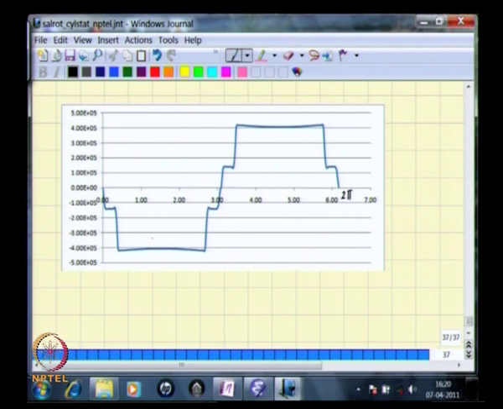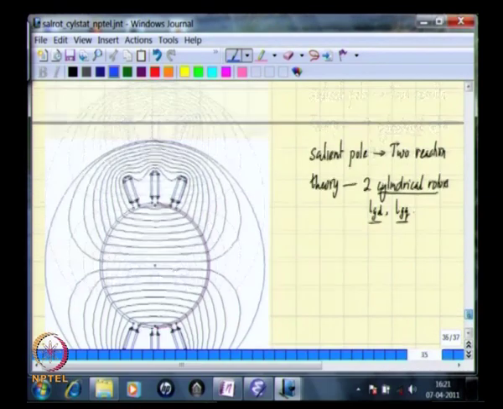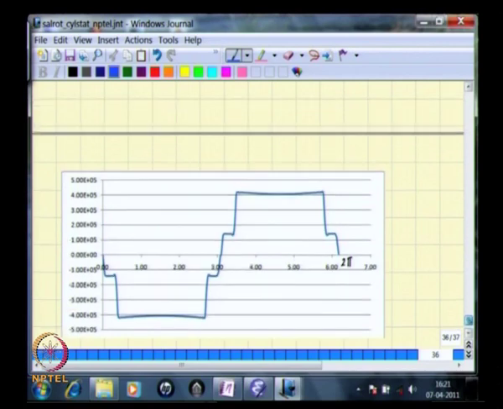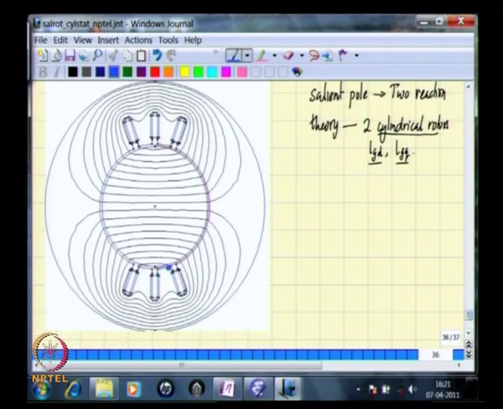Now you see that the H field variation has a step here and then is more or less constant over this region, and then it displays 3 steps to reach this point, again constant, and so on. So where is this H field distribution constant? You will find that the H field distribution is constant after you cross this.